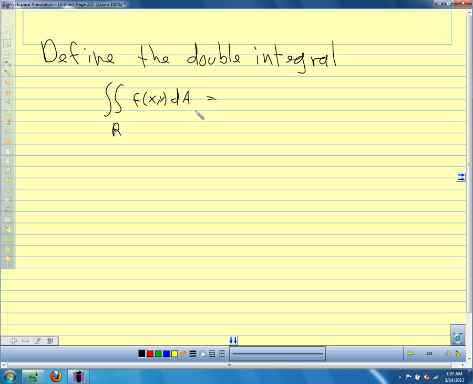And this equals the limit as delta A approaches 0, and this is where I'm being loose with our symbols, of the sum i equals 1 to n of f of x sub i, y sub i, delta A sub i.